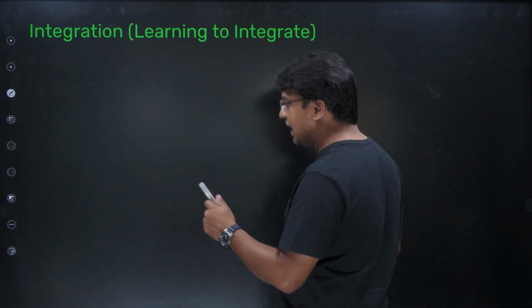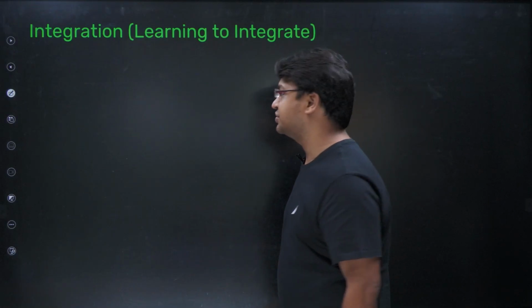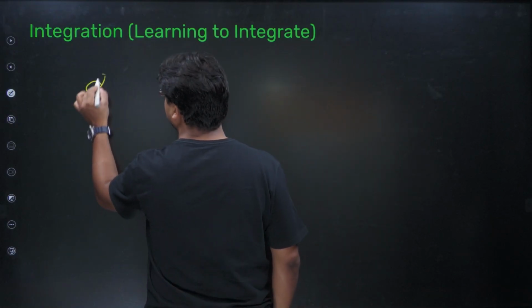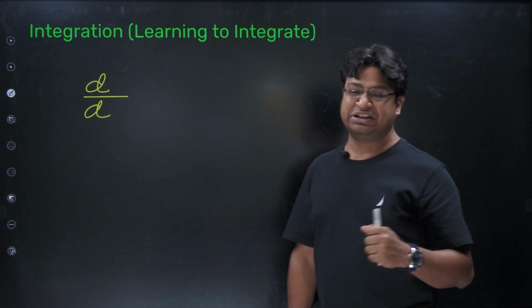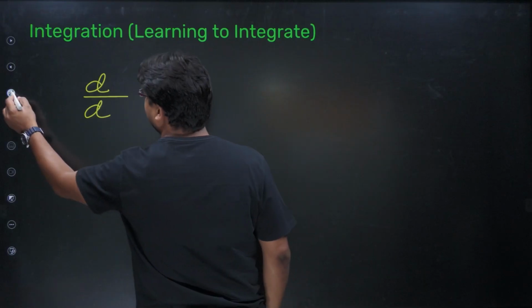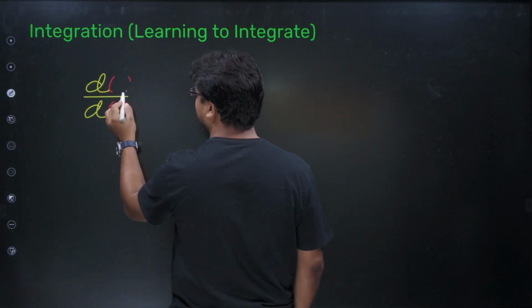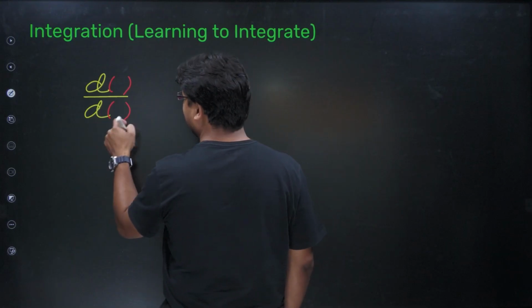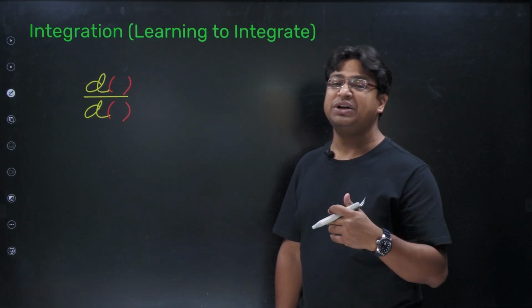To make it easier for you to understand, I will keep comparing with differentiation. In differentiation, we learned that the symbol involves two D's, one d in the numerator and one d in the denominator, and then we write something here and something here. What we write in the denominator is the entity with respect to which we are differentiating.